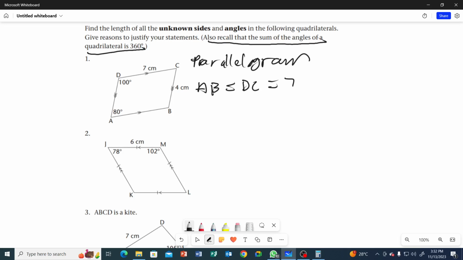Your reason is: opposite sides of a parallelogram.